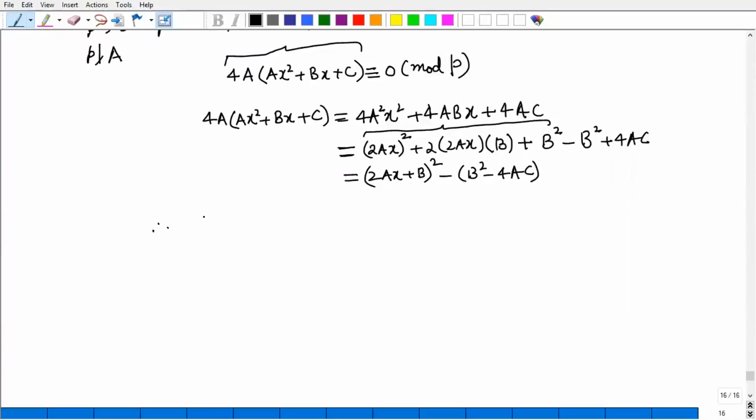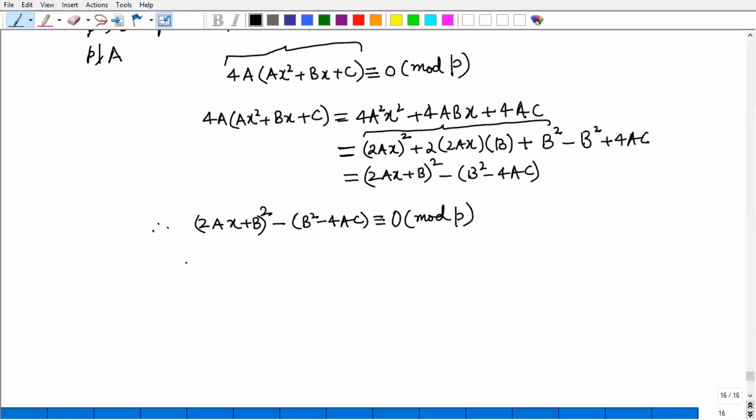So this quadratic congruence becomes (2ax plus b) whole square minus (b square minus 4ac) is congruent to 0 modulo p.